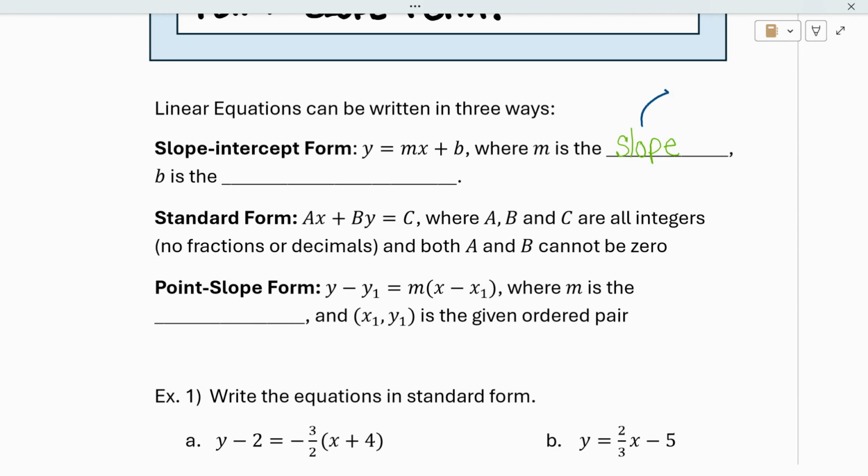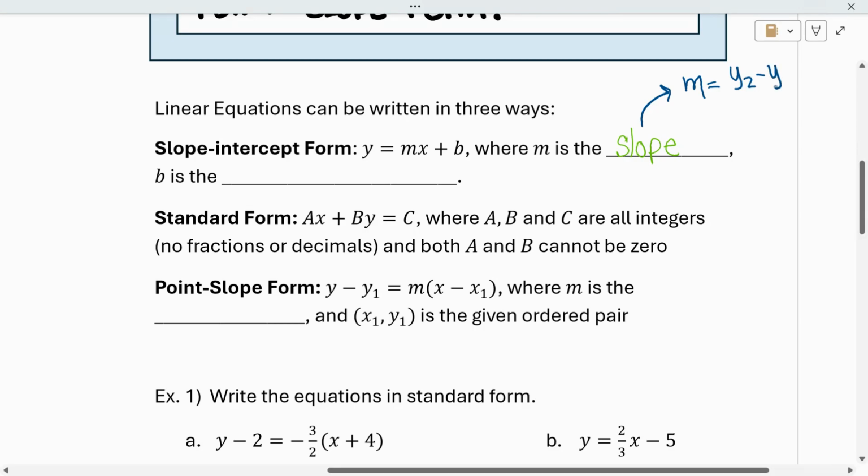Good job, Tim. Yeah, slope equals y sub 2 minus y sub 1 over x sub 2 minus x sub 1. That's important. We have to remember how to do that, okay?